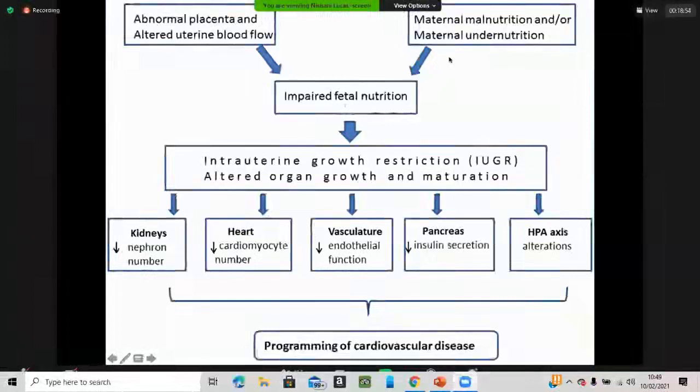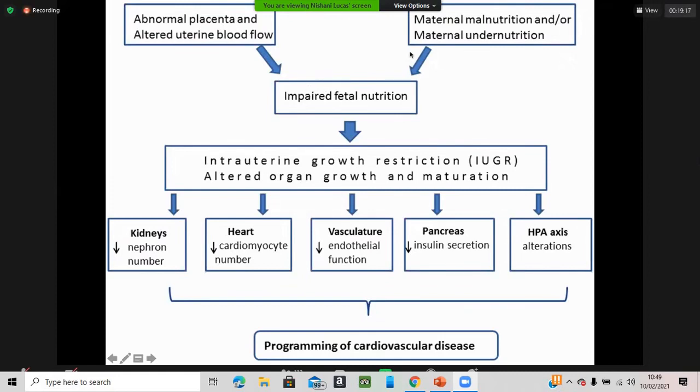Now here we are going into the causes and effects of growth restriction. If we consider it broadly, an abnormal placenta and abnormal uterine blood flow, something to do with the placentation and altered uterine blood flow, will impair fetal nutrition.